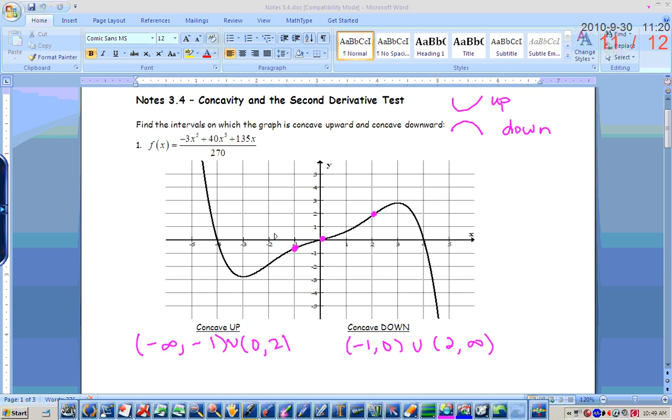Would that be the same for f double prime? No, because we're talking about where f prime is increasing and decreasing, not where f prime is positive and negative. Hold that thought.